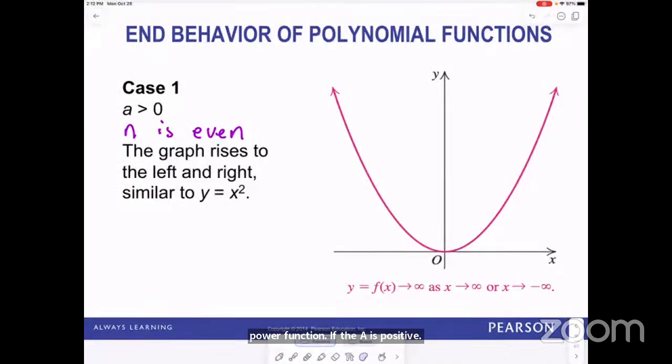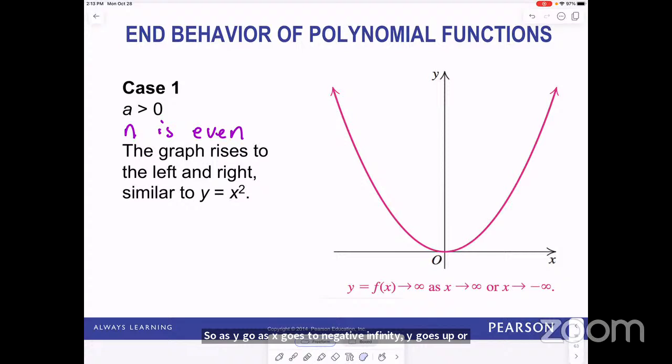So as x goes off to positive infinity, y tends to positive infinity. When n is even, that tells us about the other side of the graph. Even power function means the other side does the exact same thing. So as x goes to negative infinity, y tends to positive infinity.